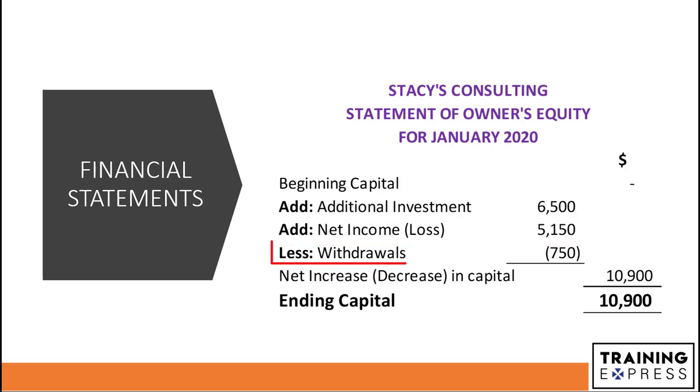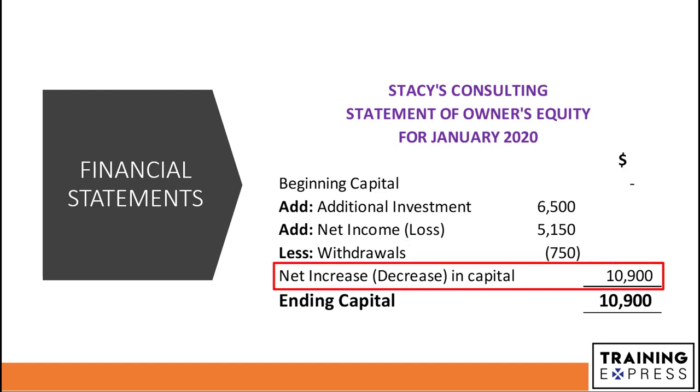And then in the trial balance, there were withdrawals. Withdrawals always decrease our capital or owner's equity. So that is why we will subtract withdrawals.